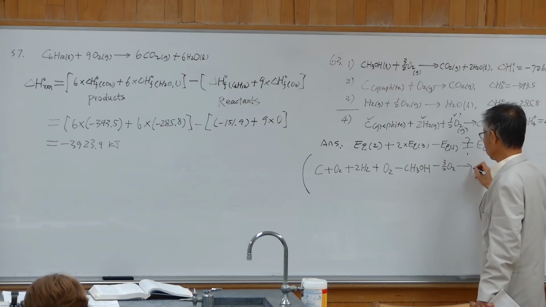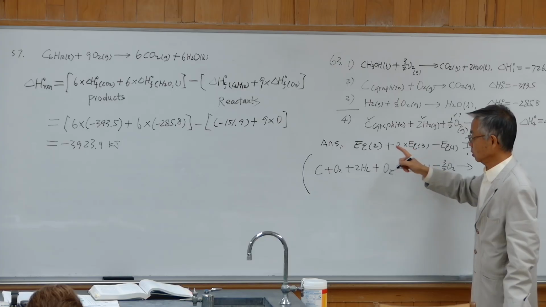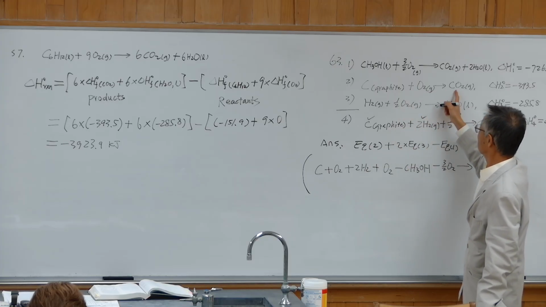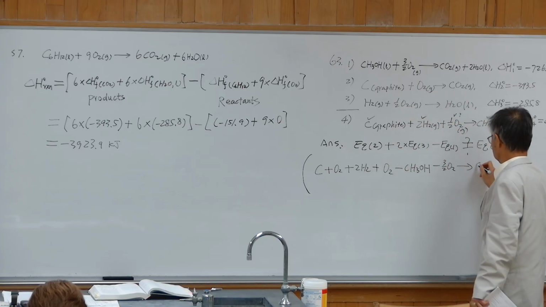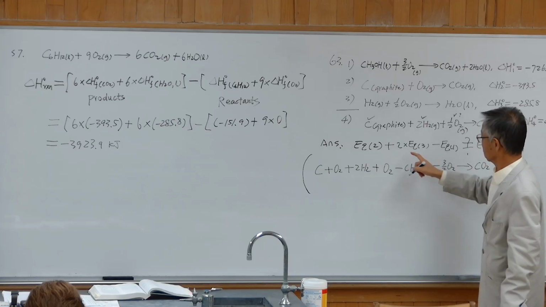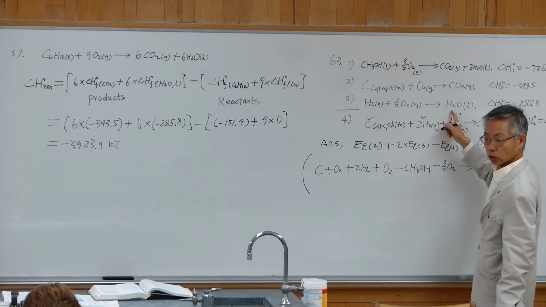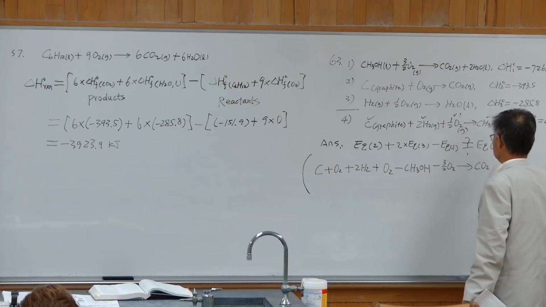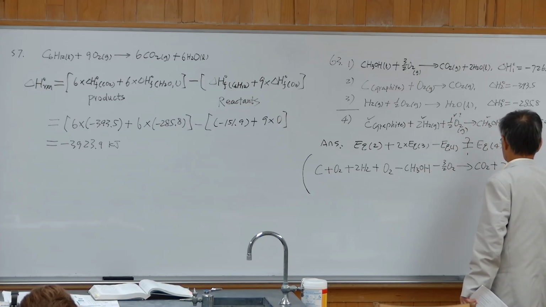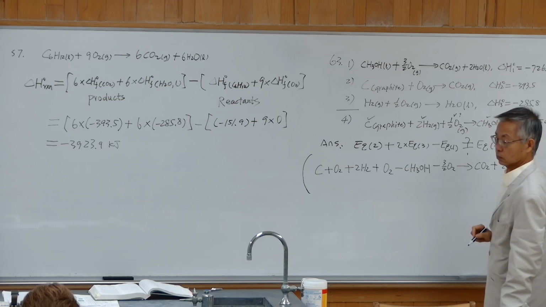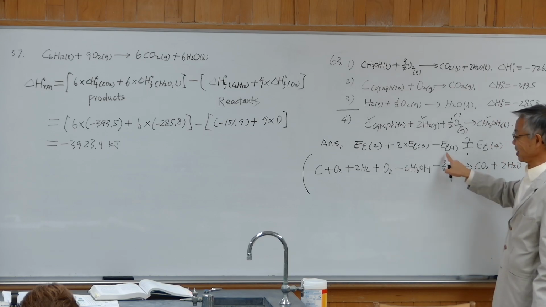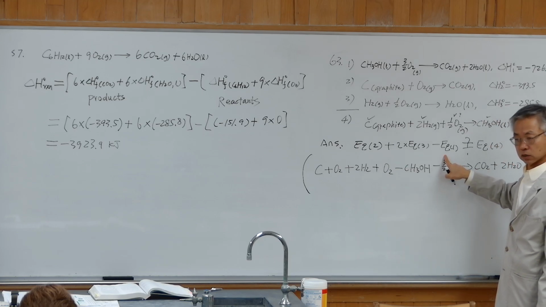Now we use this formula on the right side. Right side equation 2, CO2. Right side 2 times equation 3, 2 water. Then minus equation 1, still right side.